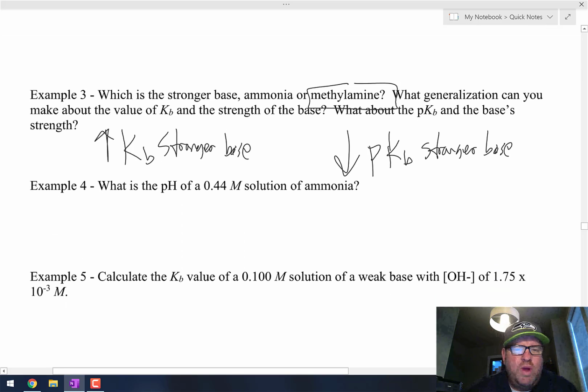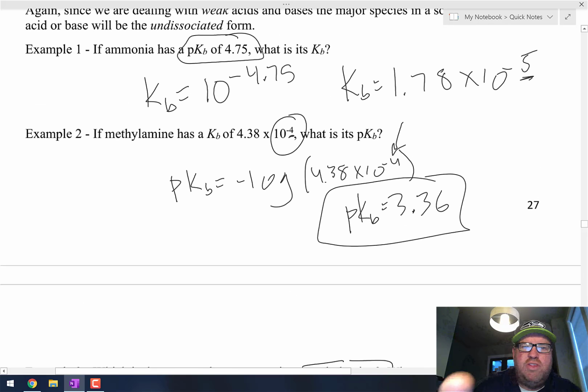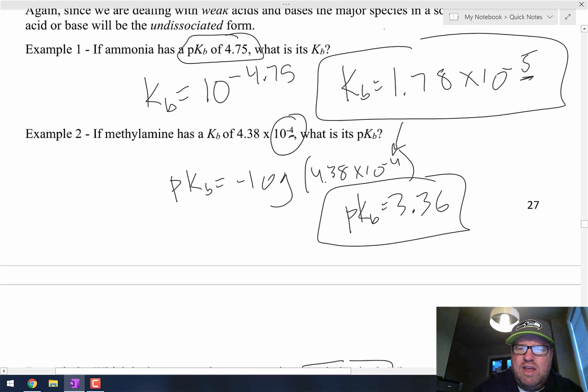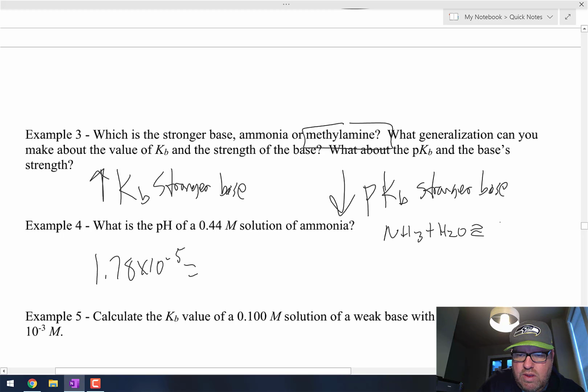Okay, example 4. What is the pH of a 0.44 molar solution of ammonia? So we do need to use some of this earlier information. We know that the Kb of ammonia is 1.78 times 10 to the minus fifth. So 1.78 times 10 to the minus fifth is going to equal, now remember ammonia, we saw the equation earlier, becomes NH4 plus and OH minus.